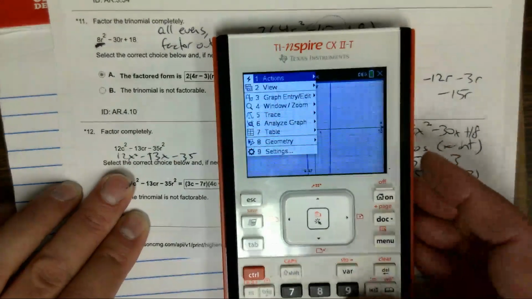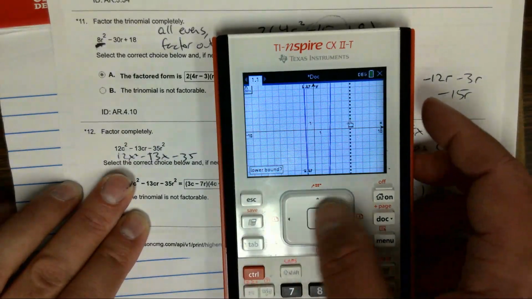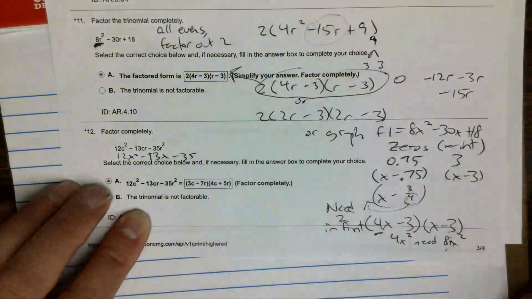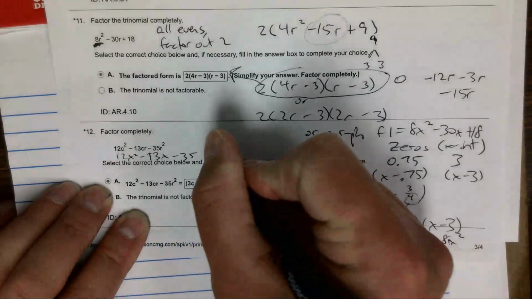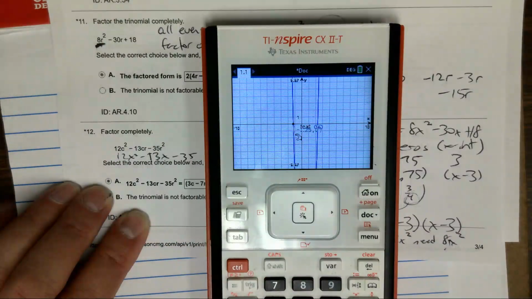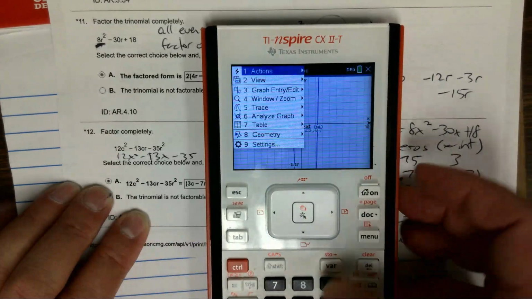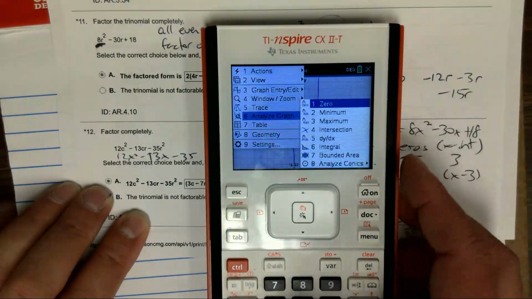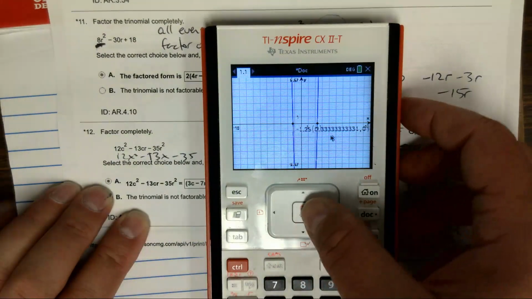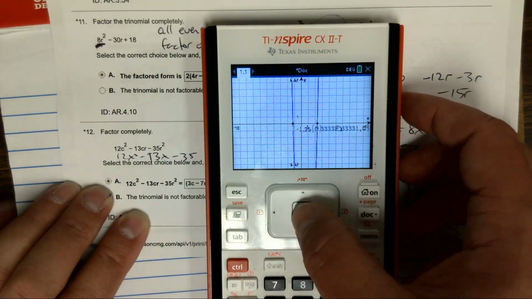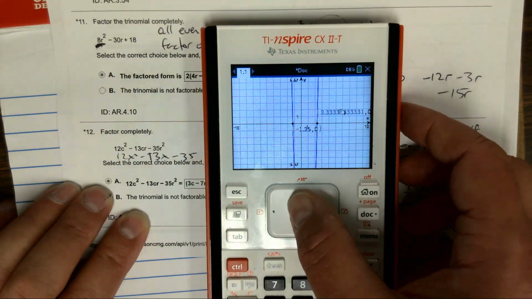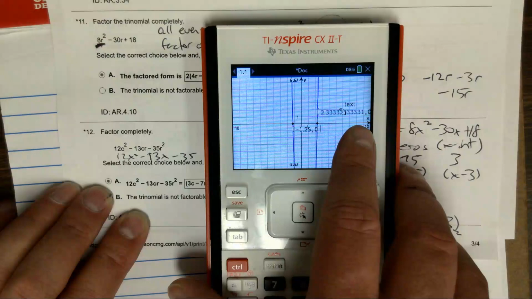And now we want to find the zeros, which are the x-intercepts. And on this one we get negative 1.25. And on this one, we have 2.3 repeat.